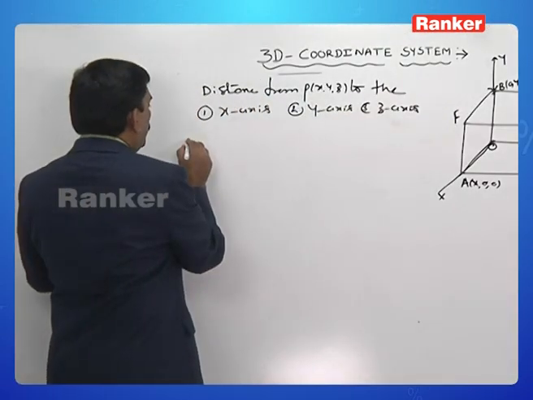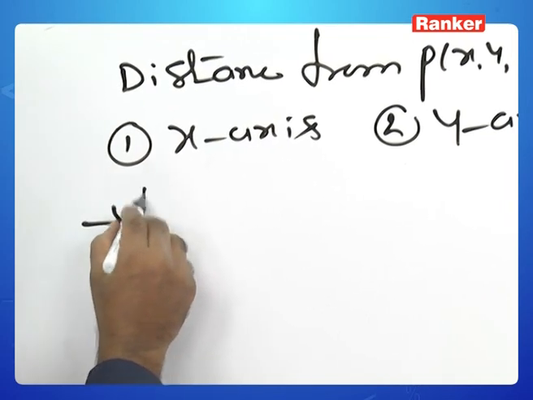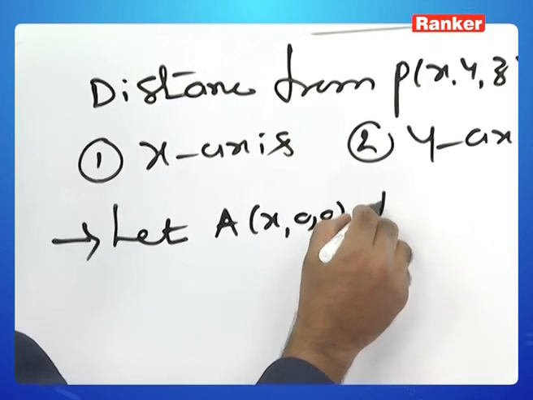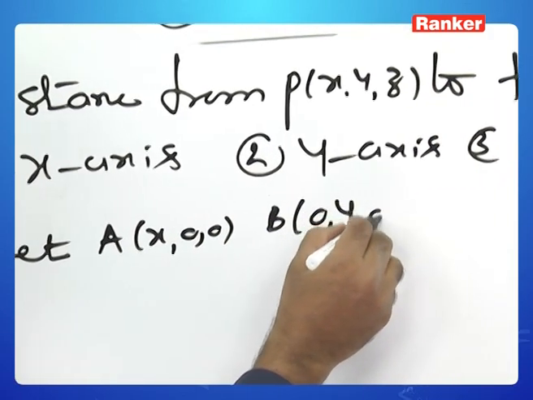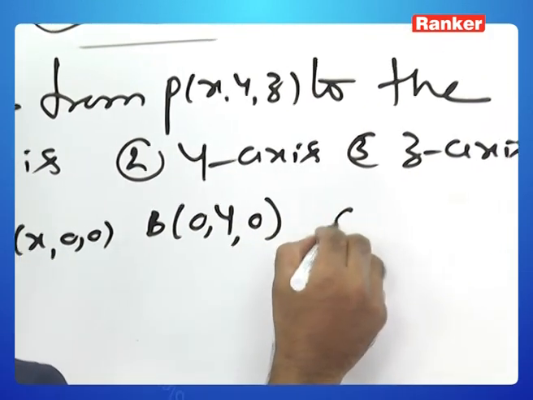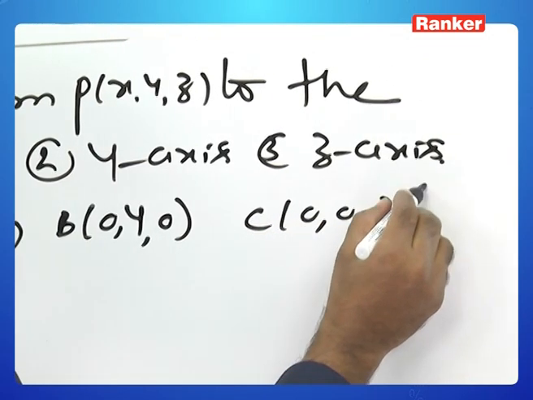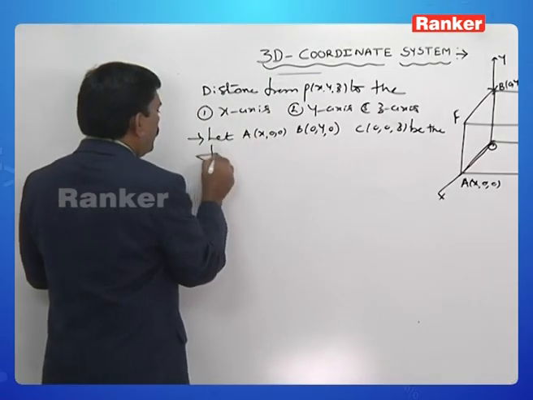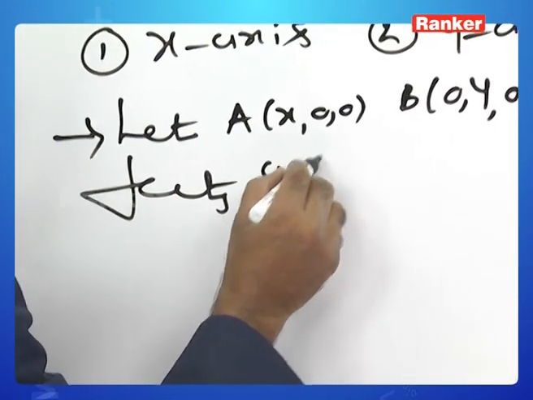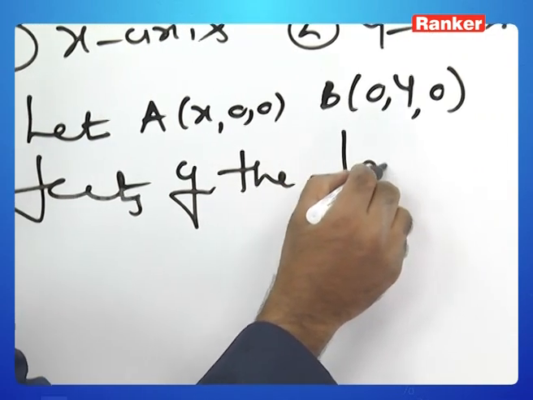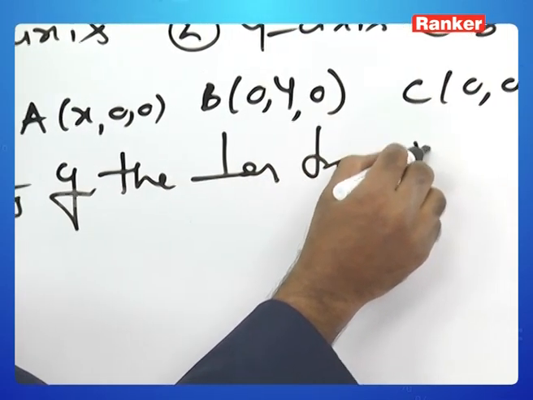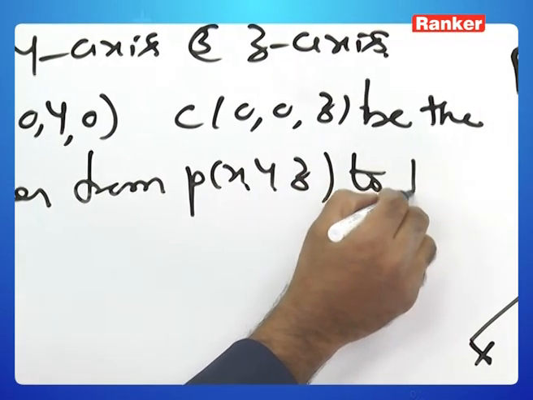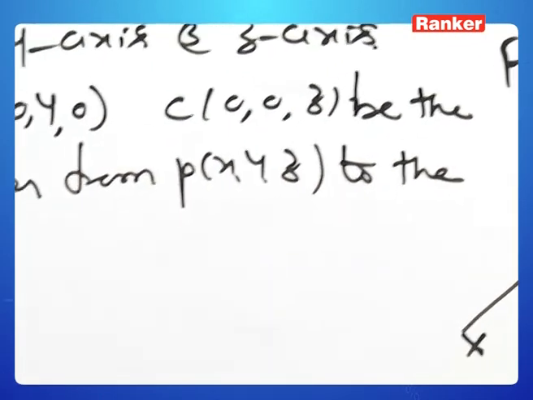Now we know it already. Let A of x, 0, 0, B of 0, y, 0, C of 0, 0, z be the feet of the perpendiculars from P of x, y, z to the coordinate axis.